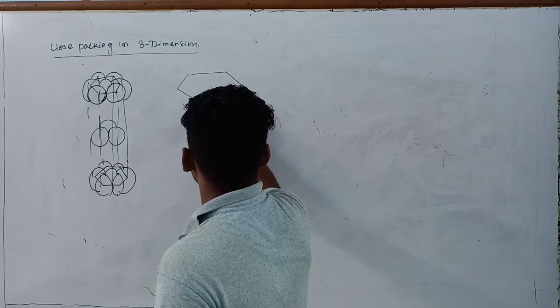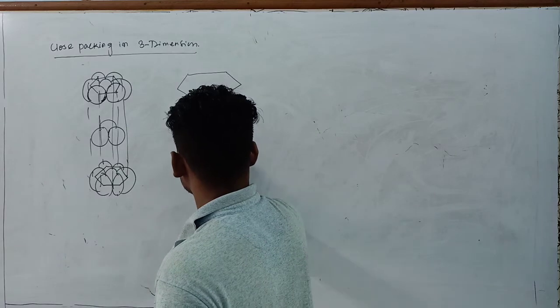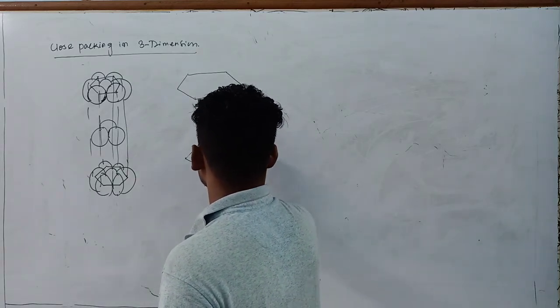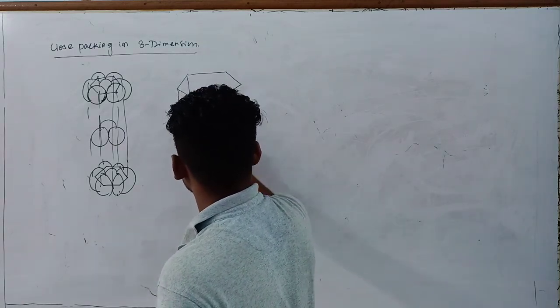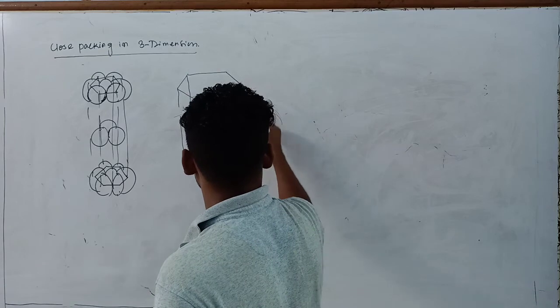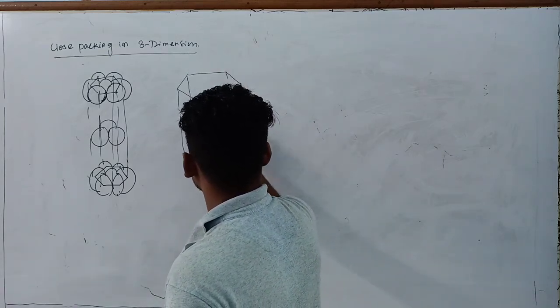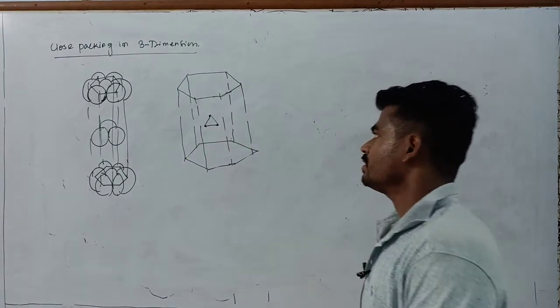If I need to join over here, see, this one is one hexagonal unit cell, and 3 spheres are present inside the hexagonal unit cell.